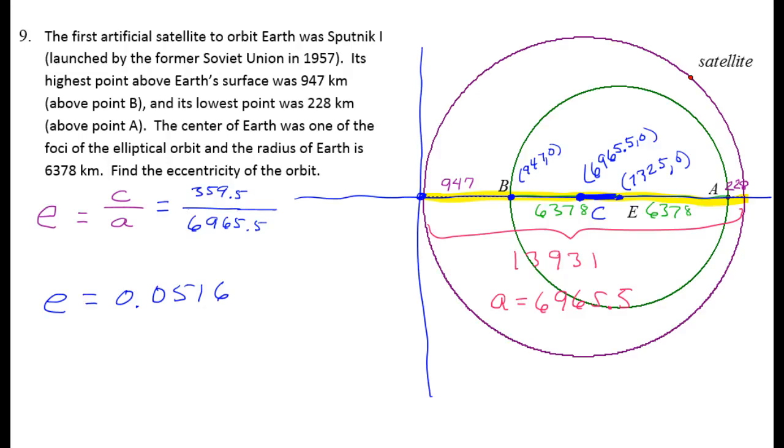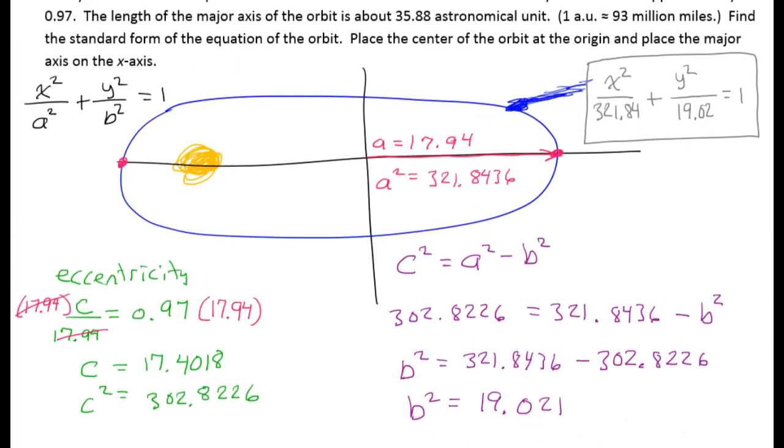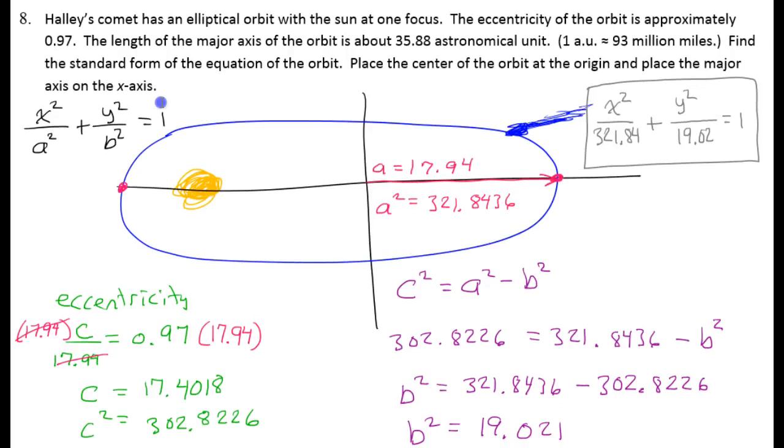I just want to comment that eccentricity reflects how circular the shape of the ellipse is going to be. And the closer the eccentricity is to 0, the more circular the ellipse is. So notice that this E value is 0.05. So that's very close to 0, and you can see how circular this ellipse is. On the other hand, when we were doing the previous problem, we were dealing with an eccentricity of 0.97.